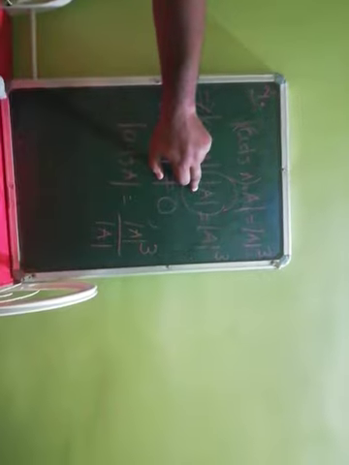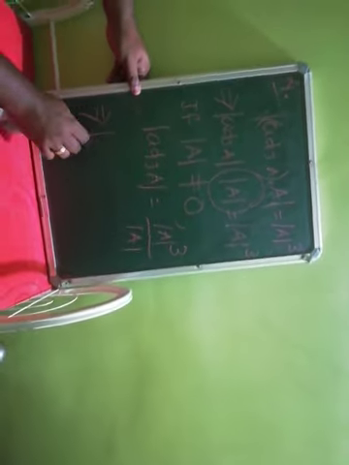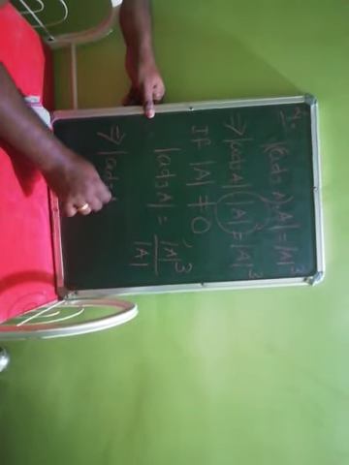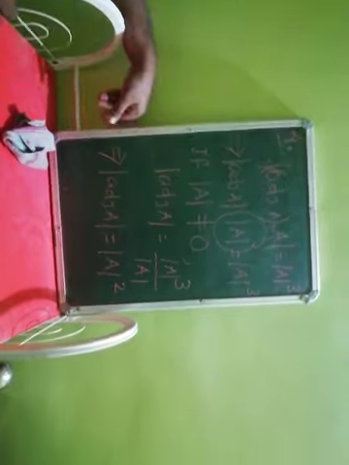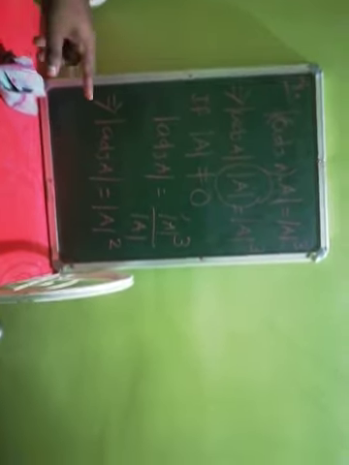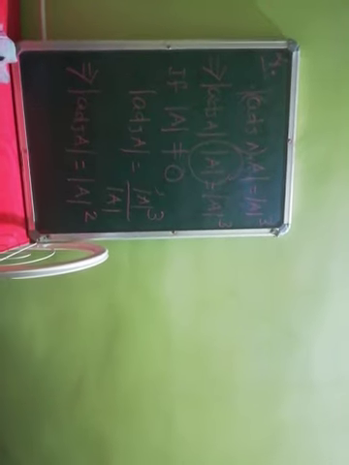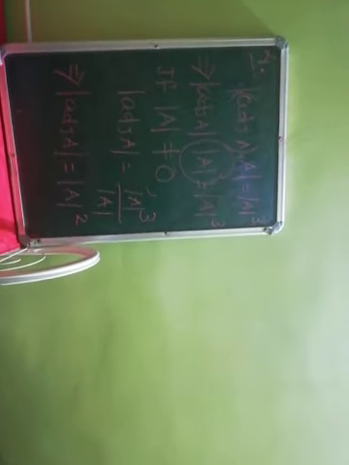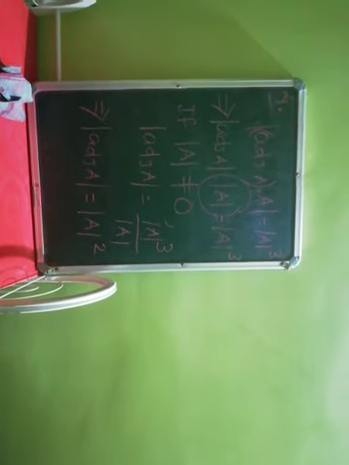Here it is multiplication, so there it will be division. So finally we can write determinant of adjoint of A is equal to determinant of A whole square. Here A was a square matrix of order 3. So this is determinant of A square.